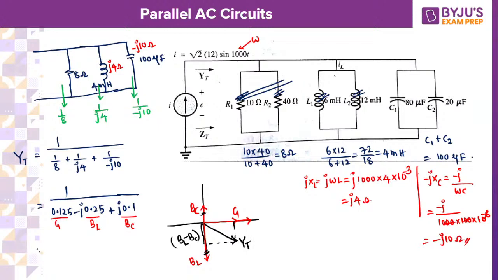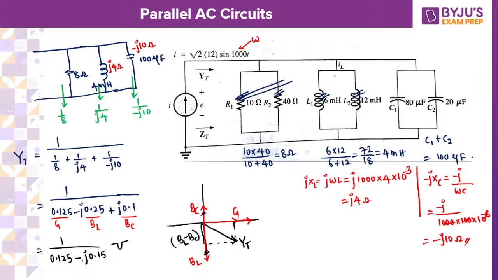You can take up this one, 0.125 minus j0.25 plus j0.1, that is 0.125 minus j0.15. Okay, so this is the admittance. You can still simplify this one, I said na.